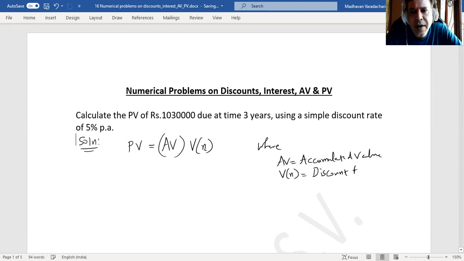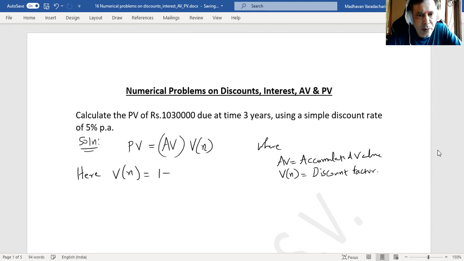This is specified as simple discount rate, so the simple discount factor here is V of N equal to 1 minus ND.